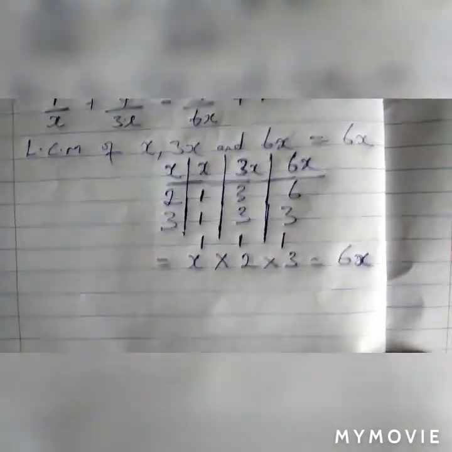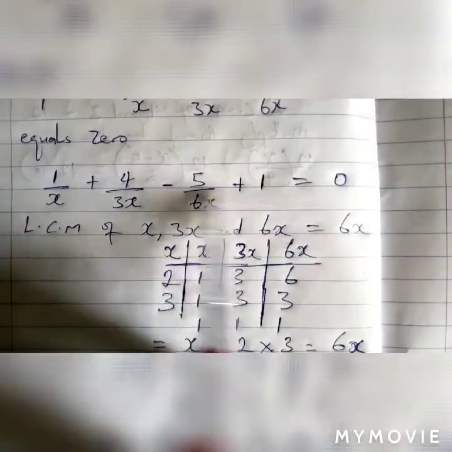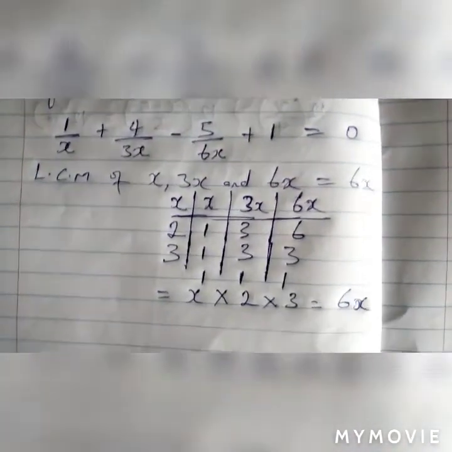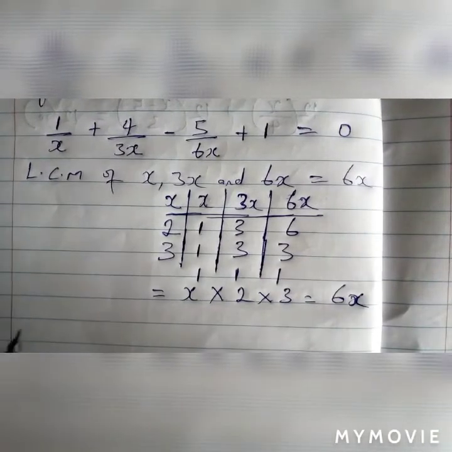Since we've gotten the LCM as 6x, what we're going to do is multiply every term here by 6x. Our aim is to clear the fraction.